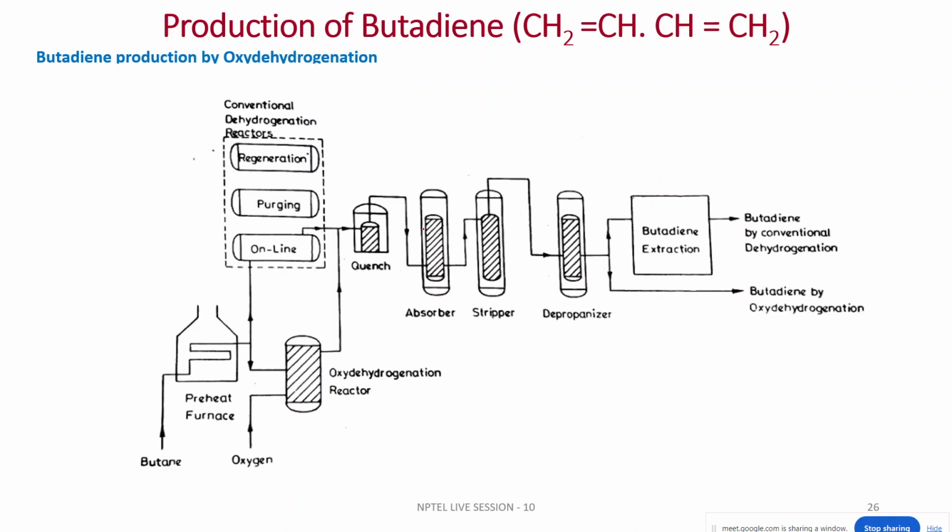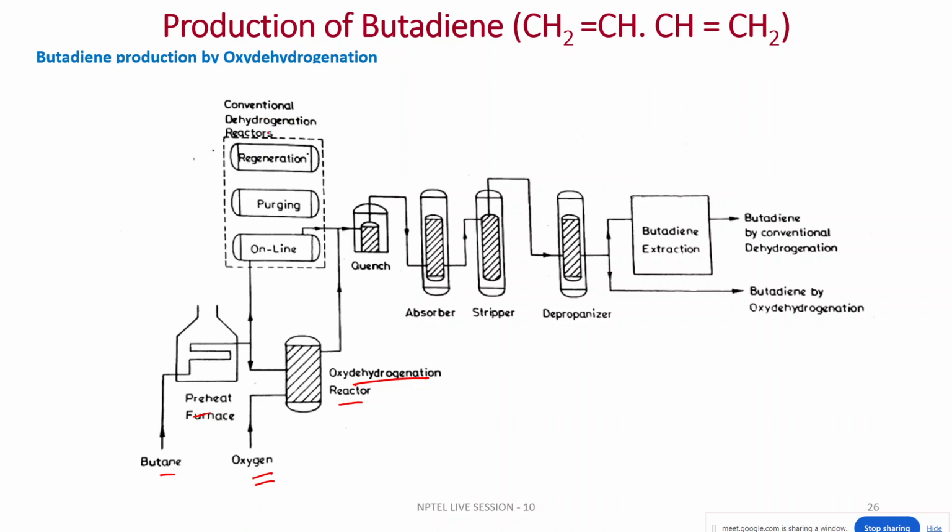Now coming to the flow chart, you can see that the butane is preheated and then fed to the oxo-dehydrogenation reactor, and oxygen is also fed, and then it is quenched.